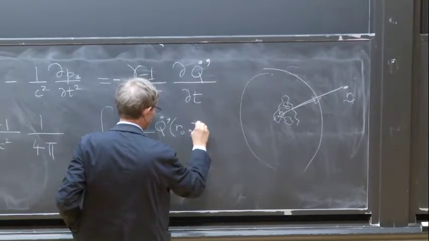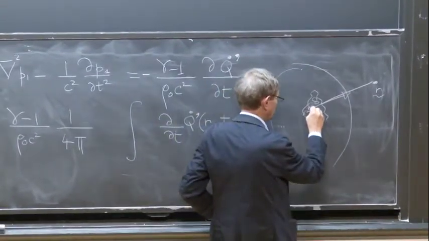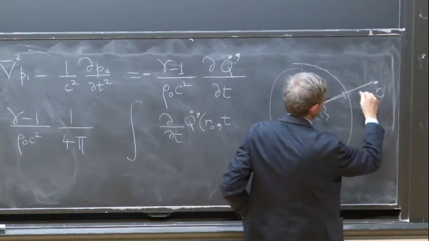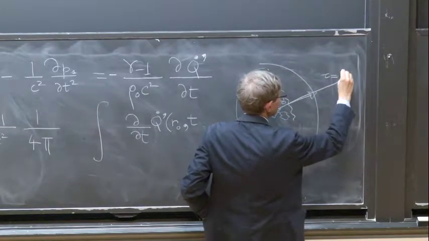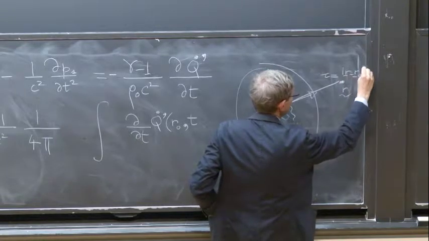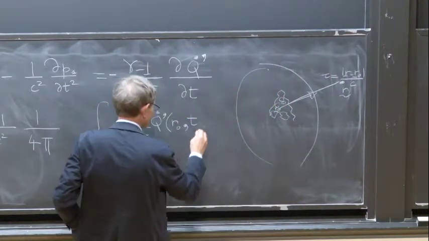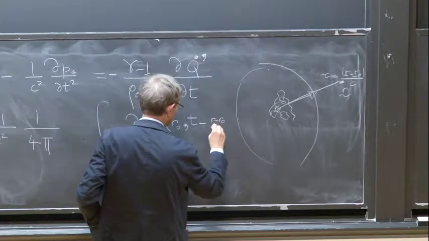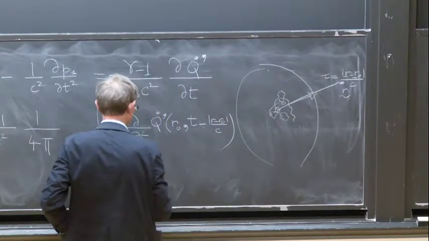There is a time delay because what is produced by this fluctuation here is heard here with a time lag tau, and tau is equal to the distance r minus r0 divided by the velocity of sound c. So we have here t minus the distance r minus r0 divided by c.